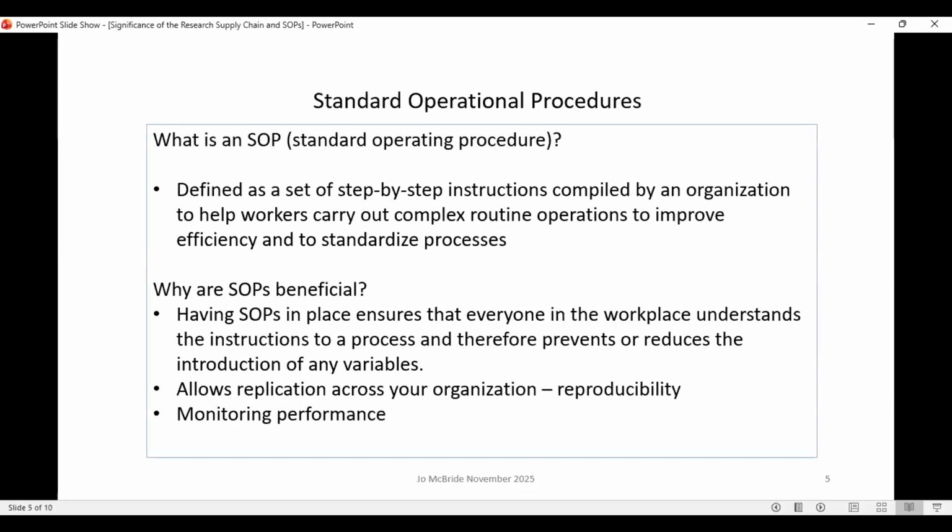So, with that, I want to go back to the stock control I was going through.